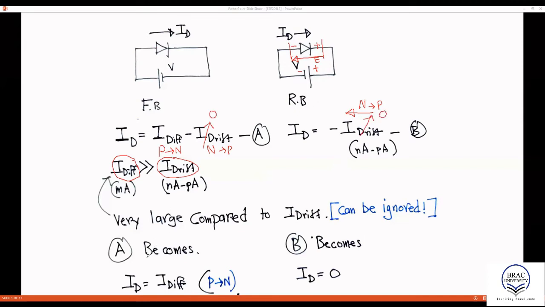So that means the total diode current ID becomes only IDIF, which is the current due to the majority carriers, or the diffusion current, and it flows from P side to N side. And similarly, since I ignored the drift current, when it is reverse biased, ID becomes 0.